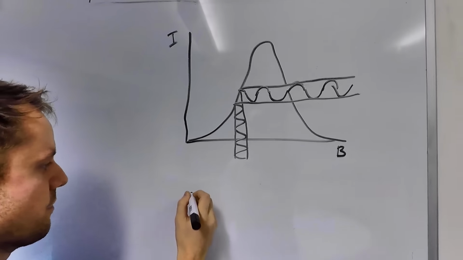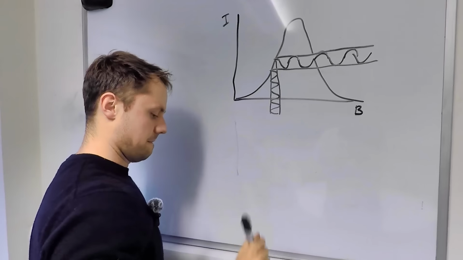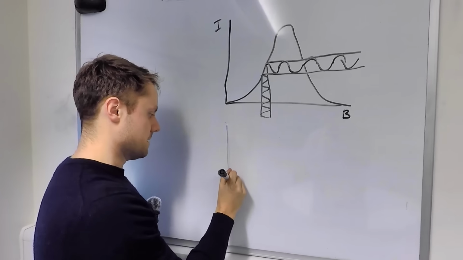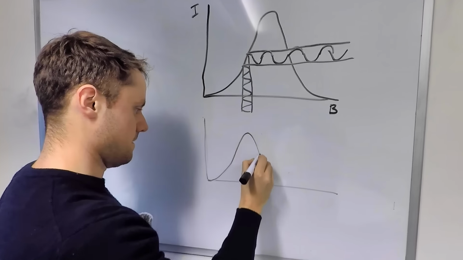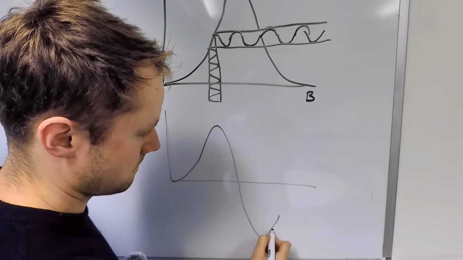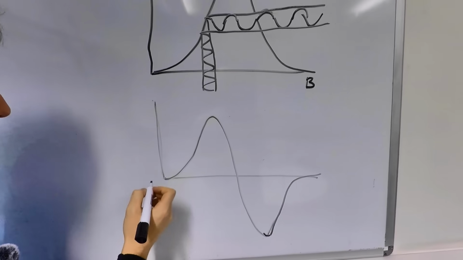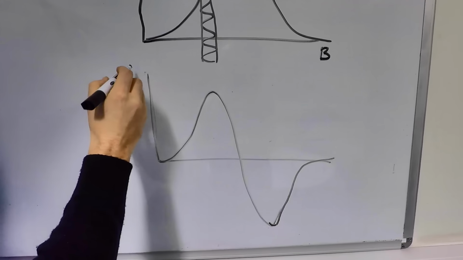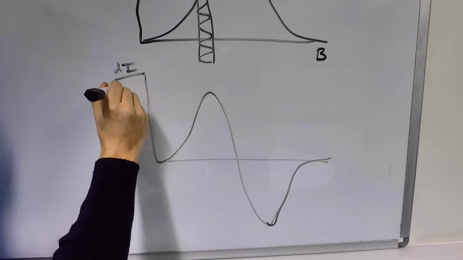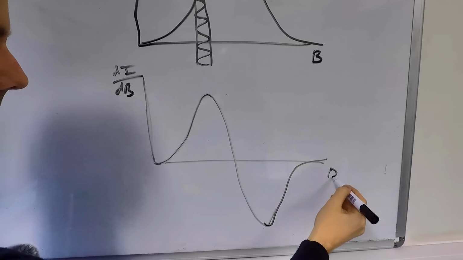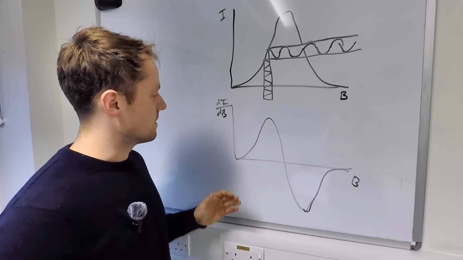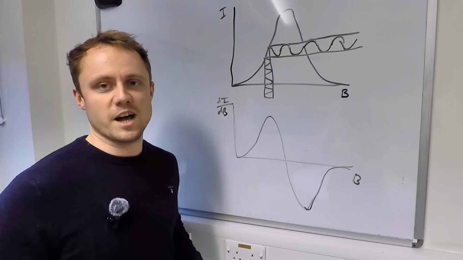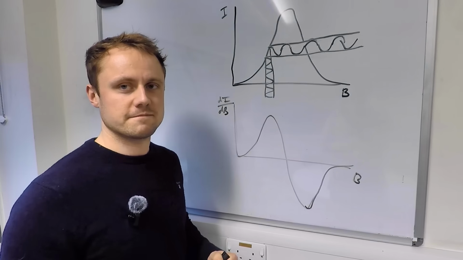So then what you end up measuring as a result of that is something that looks like this. Essentially, just the first derivative, like so. So this is the line shape you would expect to see on the output of the lock-in amplifier.